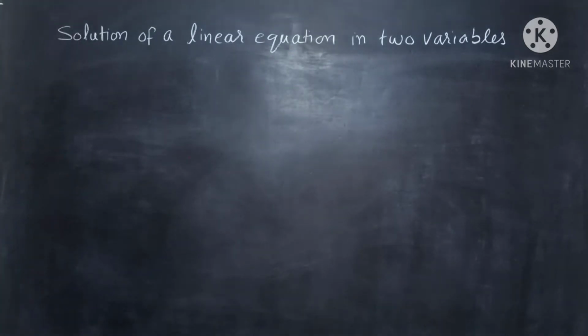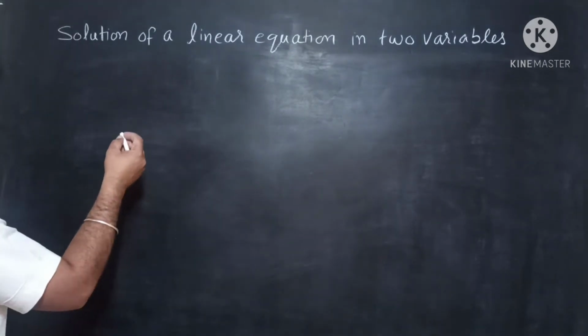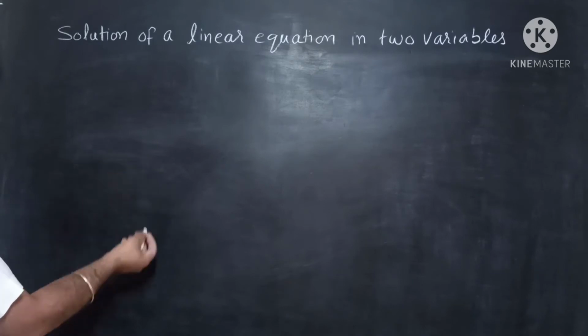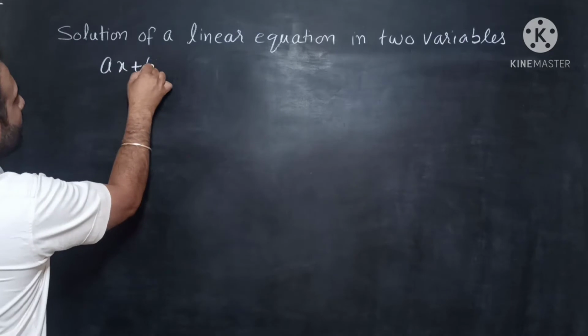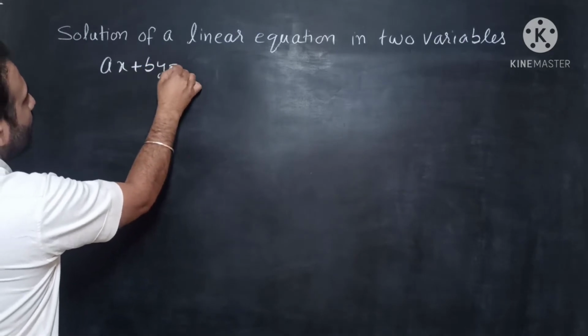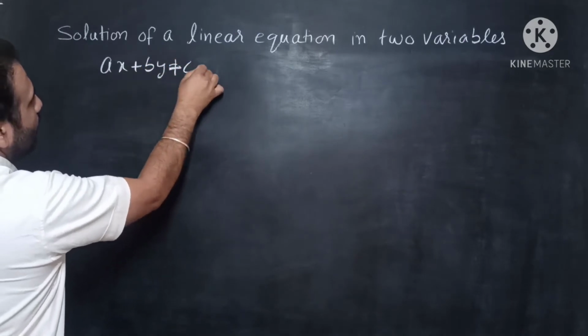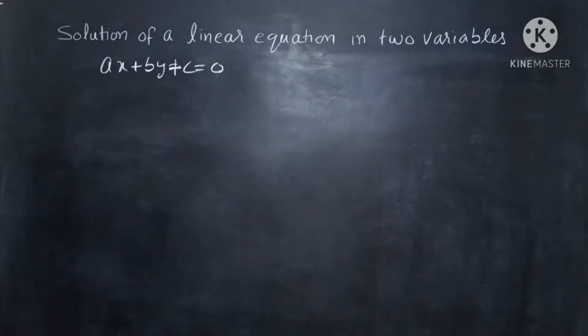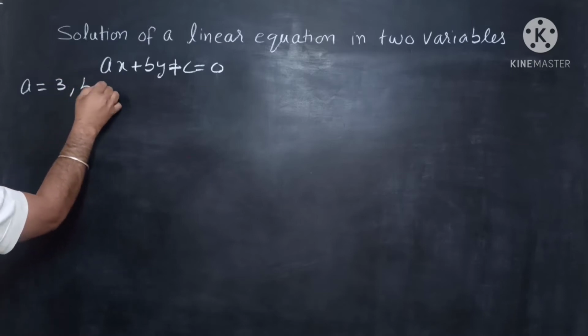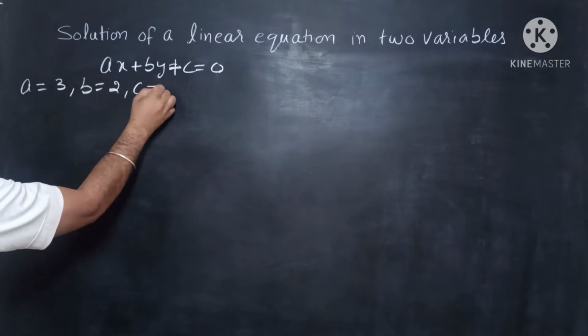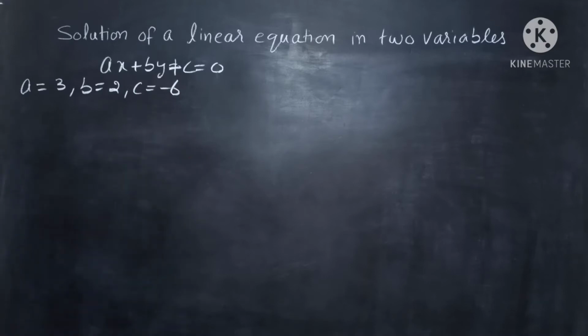Suppose I have a linear equation in two variables. The general form is ax plus by plus c equal to 0. I will put a equal to 3, b equal to 2, and c equal to minus 6.